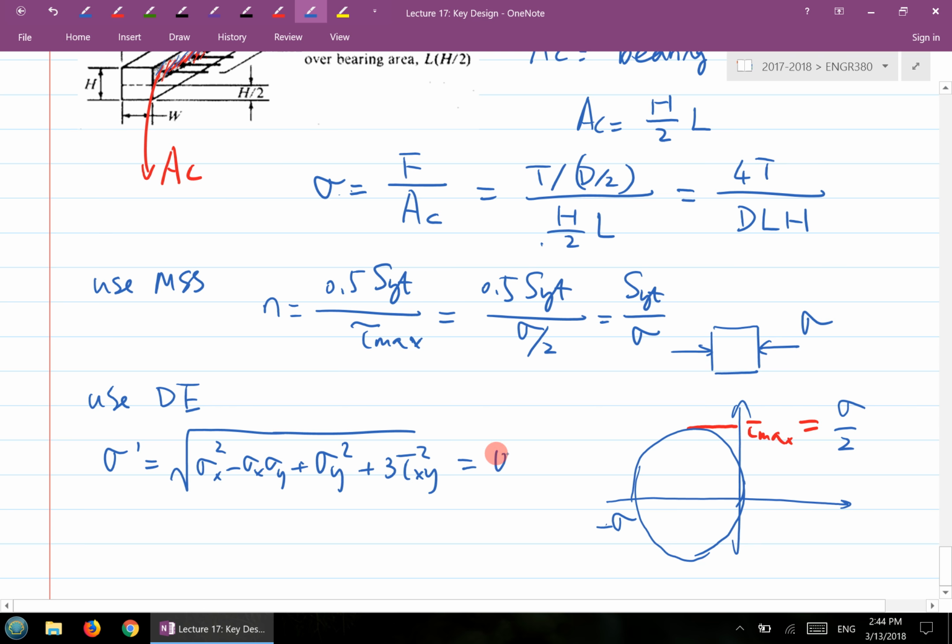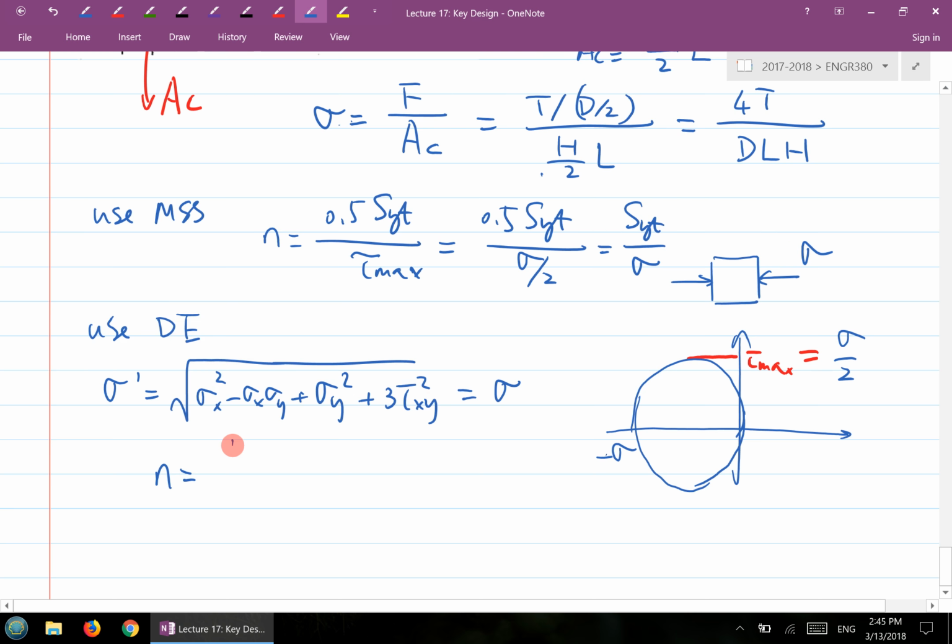So sigma prime in this case will be the same as sigma. And for the DE theory, n equals SYT over sigma prime, which is SYT over sigma. So in this case, the MSS theory and the DE theory result in the same formula for calculating the safety factor.